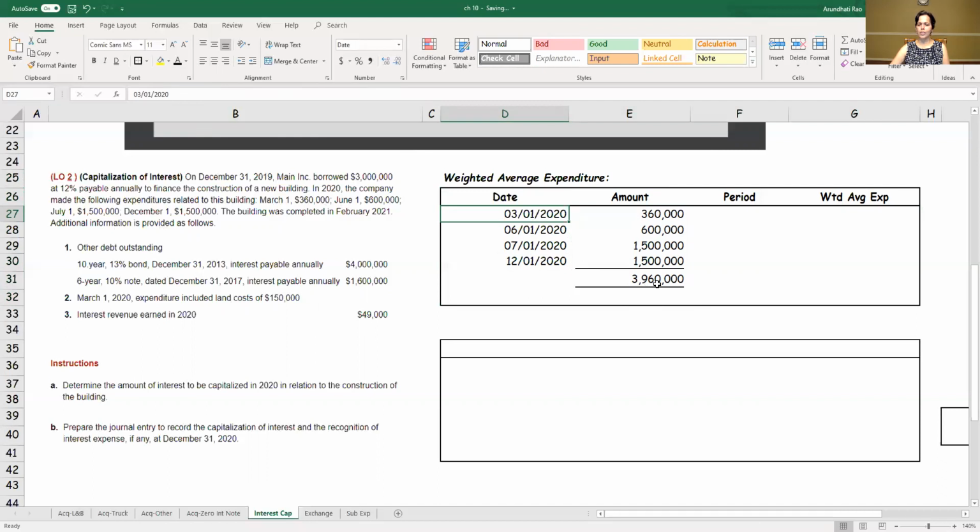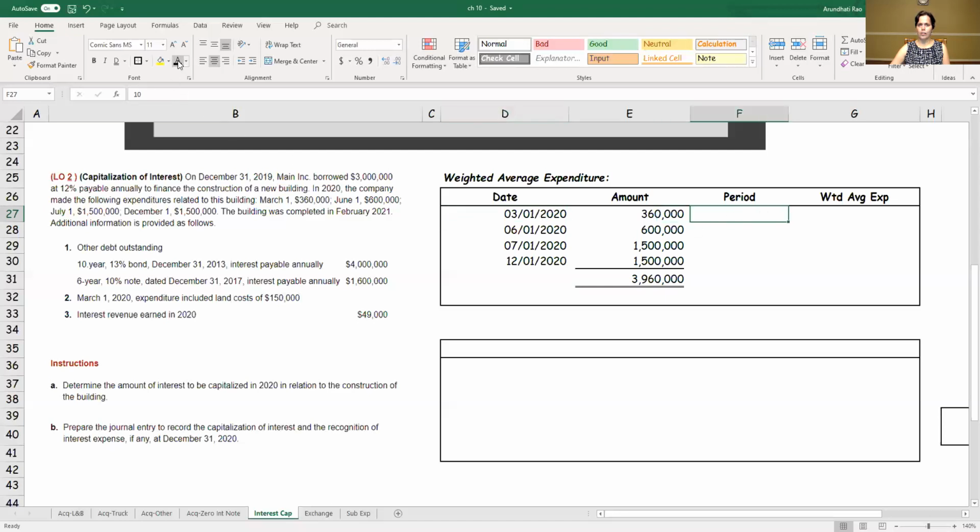Now the question is, what is the relevant period that I'm going to use? In this case, I borrowed money on December 31st, 2019, but I didn't start spending that money until March 1st. So I need to really look at only, if I had to borrow money on this day and spend the money, what would the relevant period be?